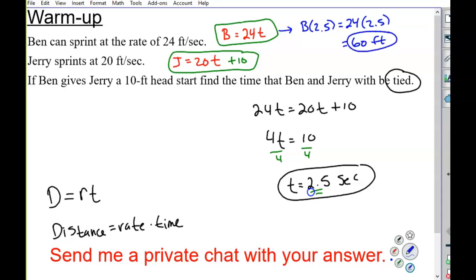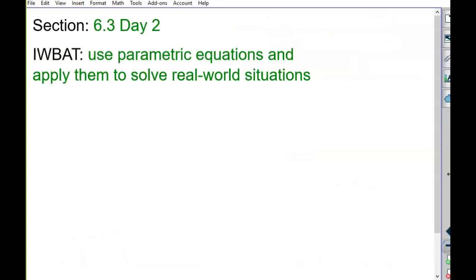So that tells us that at 60 feet, Ben and Jerry are both going to be there at the exact same time. It's going to take 2.5 seconds to get there. Now this is a parametric equation hidden in context, and we can create that. We're going to look at that in a little bit here.